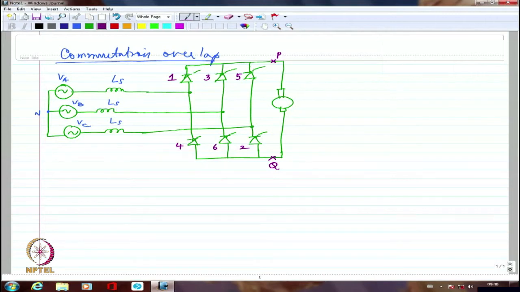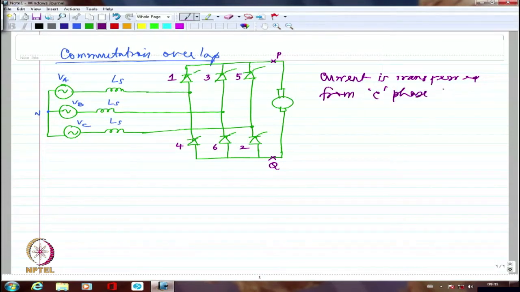So the current is getting transferred from C phase or device 5 to A phase, which is actually device 1. This is what we said.